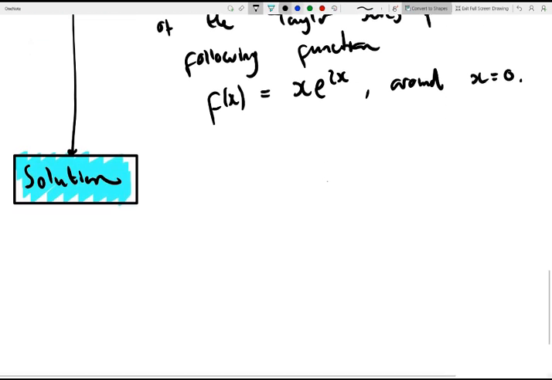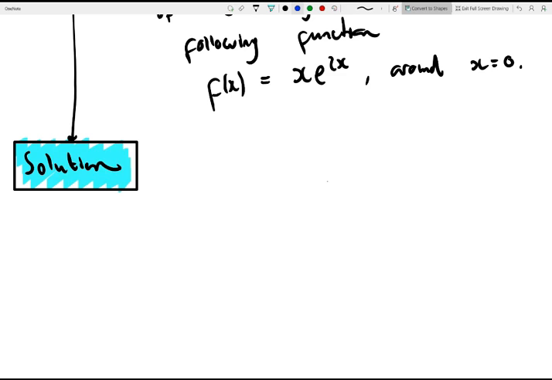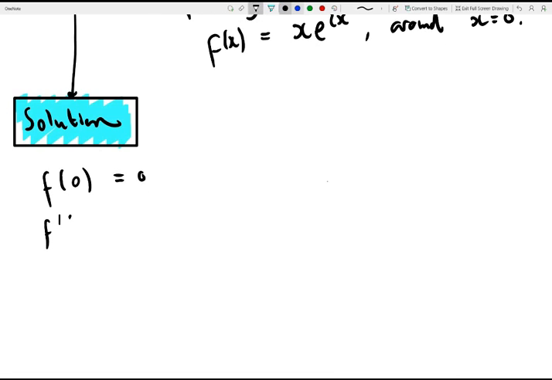is, again, let's evaluate f of x and its derivatives at x equals 0. So f of 0 is going to, of course, be 0. And the first derivative of f at the point 0 is going to be 2x e to the 2x plus e to the 2x.